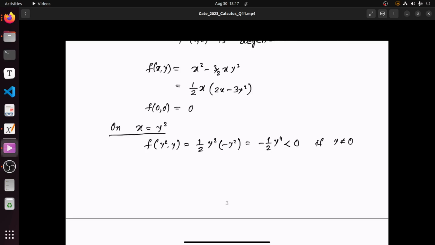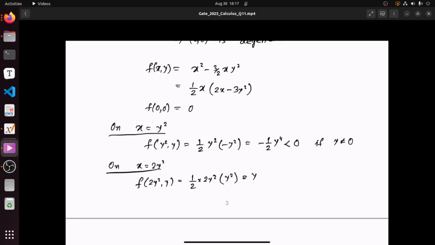So in a neighborhood of 0, along this curve x equals y squared, if y is very close to 0, this function is less than 0, right? And you can easily check that if you take the curve x equals 2y squared, then what will happen? Then f(2y squared, y) will be half 2y squared, times y squared, right?